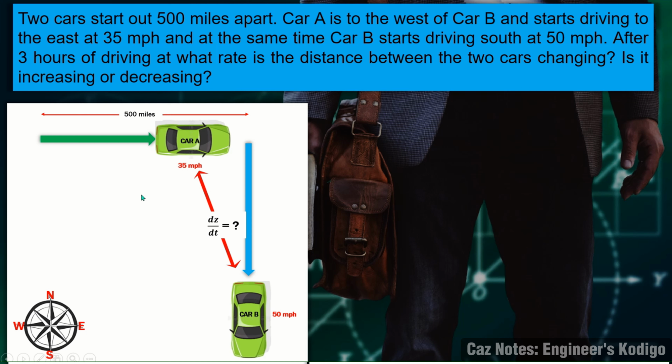Alright, so now to verify our graphical representation, let us ask ourselves, during the instant of 3 hours, has car A, this one, already crossed the line of path of car B? How do we answer that question? Well, it's very simple. We will calculate the total distance traveled by car A during the period of 3 hours. By doing that, we have determined that the total distance traveled by car A is 105 miles.